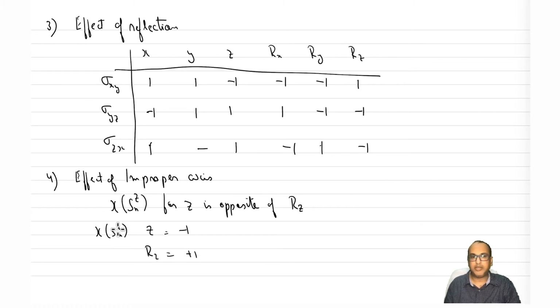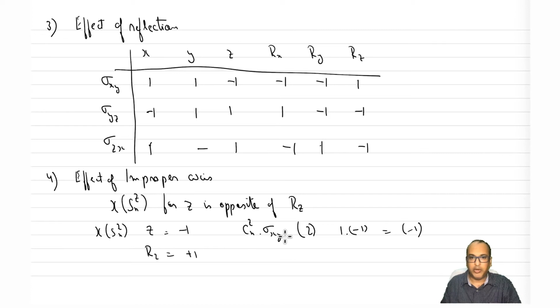Why is that? You can see that Sn is actually Cn times sigma XY, right? So if you are doing the Cn Z operation onto Z, it will remain as Z. If we are doing sigma XY onto Z, this will be 1 into minus 1, so this will come out to be minus 1.